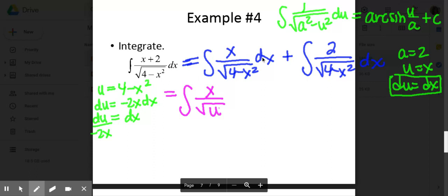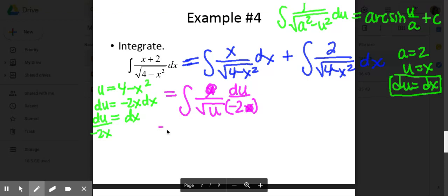And in place of my dx, I'm going to put the du divided by the negative 2x. Oh, I put an a. Don't know why I put an a. Negative 2x. All right. Put that in parentheses so it doesn't look like a minus sign. Now notice here my x's cancel.